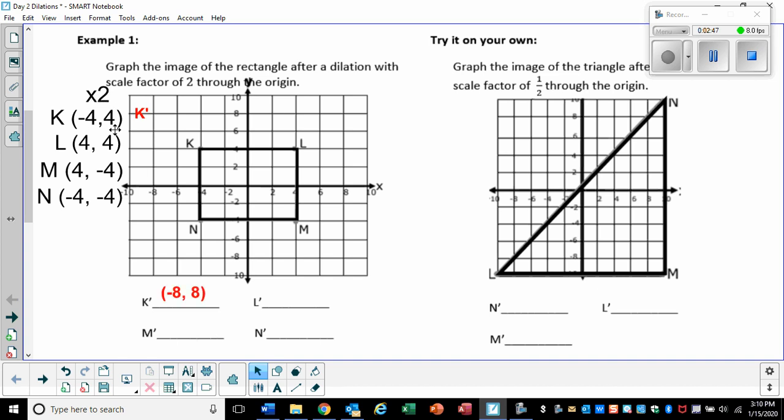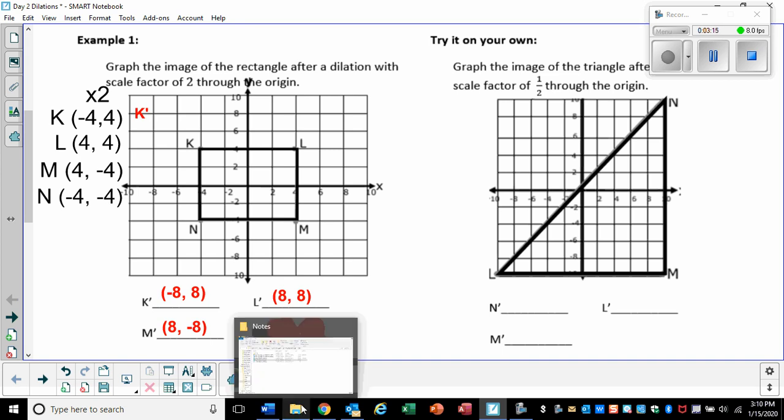Then 4 times 2 is 8, 4 times 2 is 8, so L prime is 8, 8. 4 times 2 is 8, -4 times 2 is -8, so M prime is 8, -8. -4 times 2 is -8, -4 times 2 is -8, so that's our N prime.